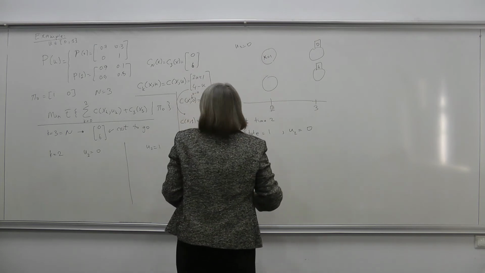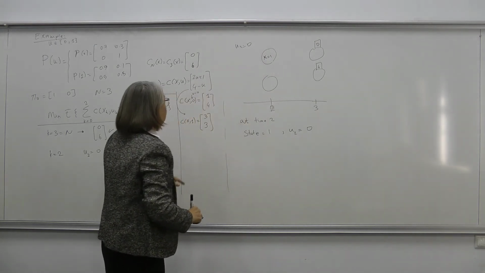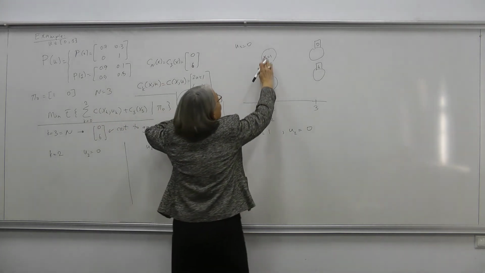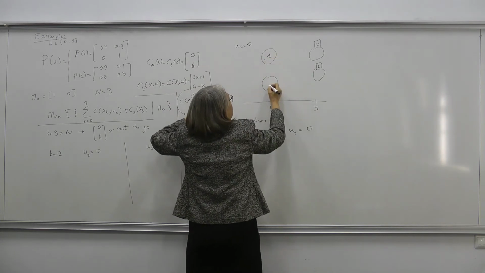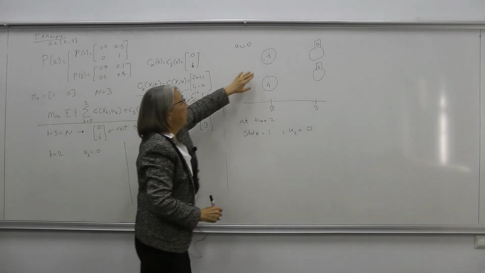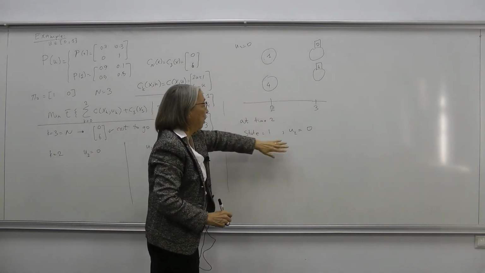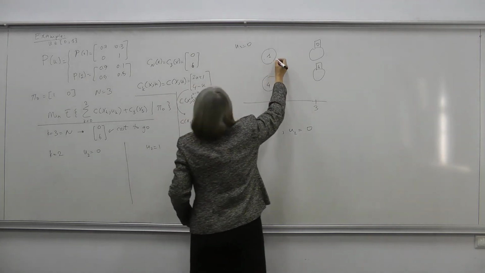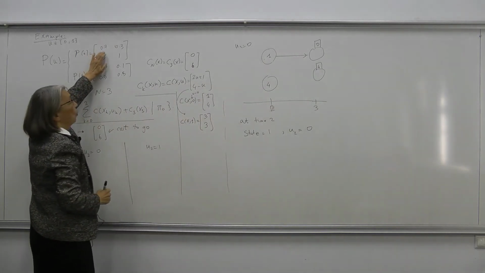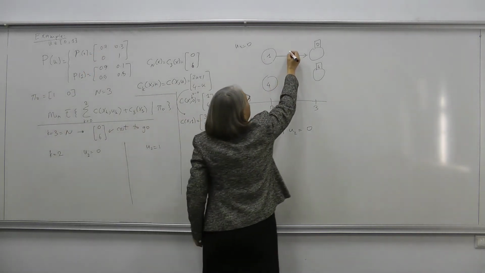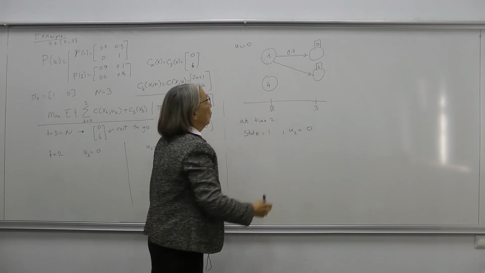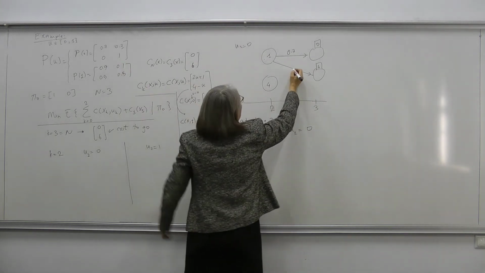If u2 is 0, then I know that the incremental cost will be equal to 1 and 4. So I write here the incremental cost as 1, and the incremental cost of being in state number 2 is equal to 4. Furthermore, if I am here in state number 1, and if I am applying the input which is equal to 0, then I can go from state number 1 to state number 1 with a probability which is equal to 0.7. I may as well go to state number 2 with a probability of 0.3.